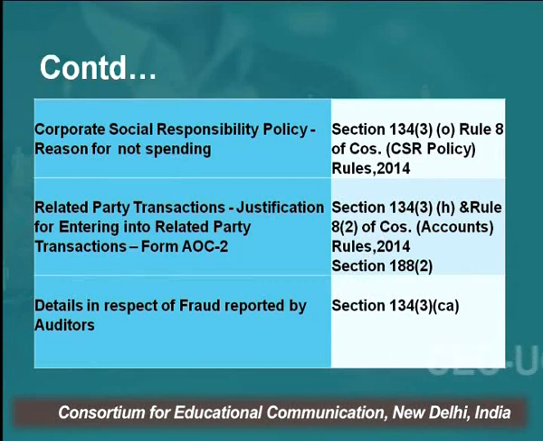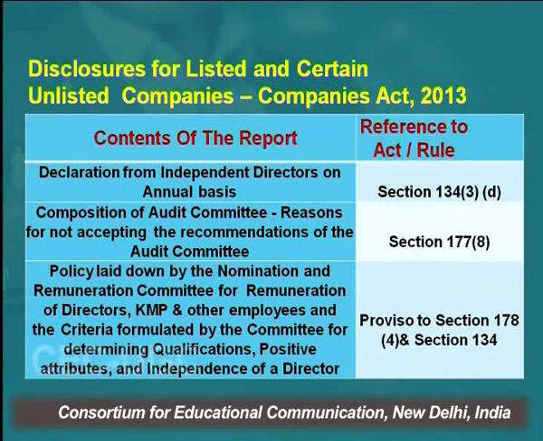Again section 188 subsection 2 also prescribes the same. Now these sections seem very cumbersome, but try to understand that under section 134 there are different subsections, clauses and sub-clauses stipulating information, asking you to prepare a comprehensive report so that nothing is left out and everything is reported to the shareholders.